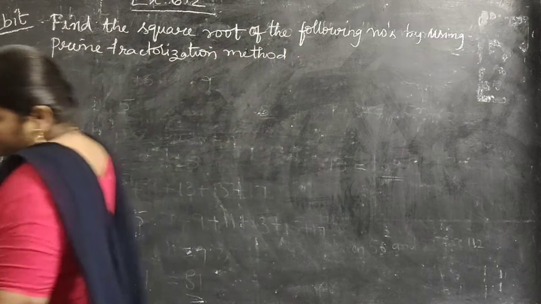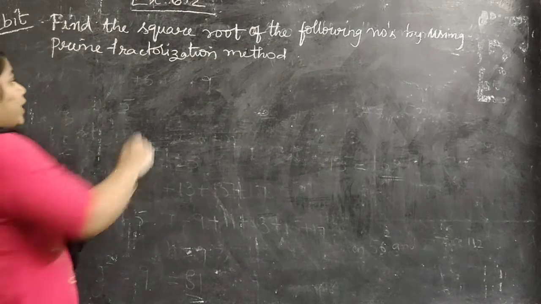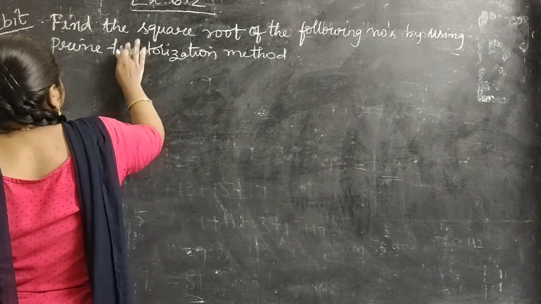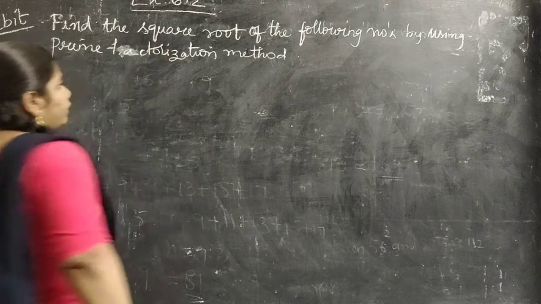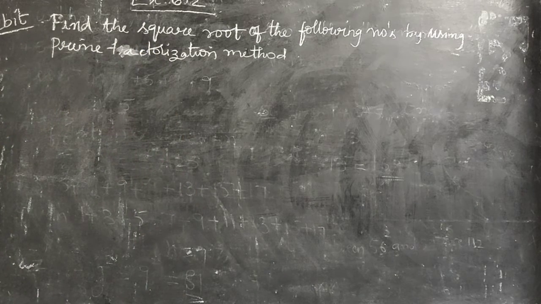So by using the prime factorization method, you have to find the square root of the given following numbers.